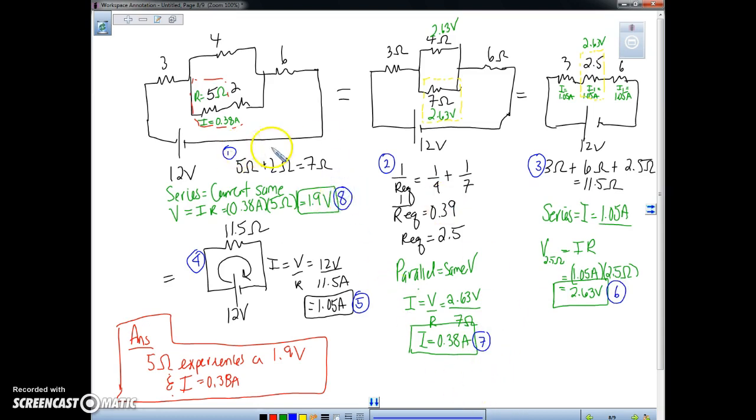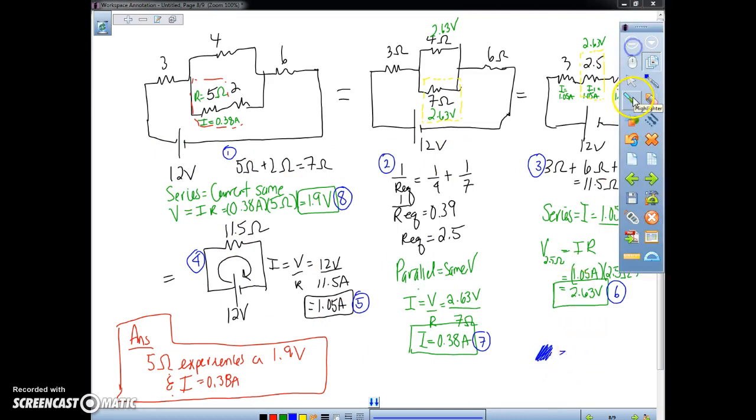That's why I decided to number this, because I did it in an interesting order. So this key right here equals order solved. All right, let's do one more.